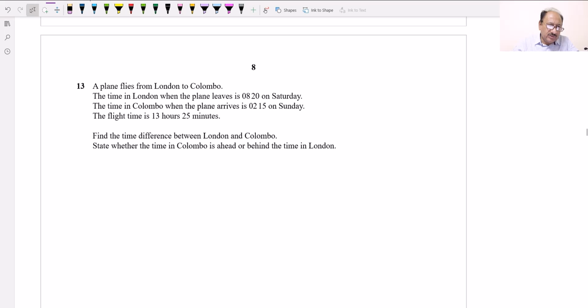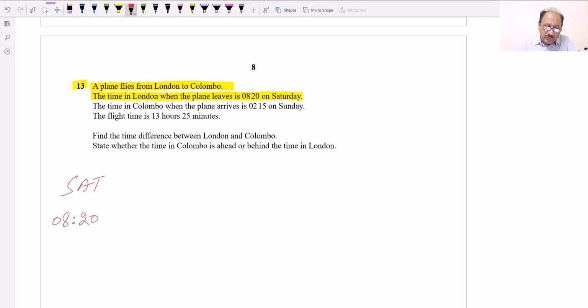Now here comes question number 13, and question number 13 says a plane flies from London to Colombo. The time in London when the plane leaves is 8:20 on Saturday. So what we will do, on Saturday, it leaves at 8:20.